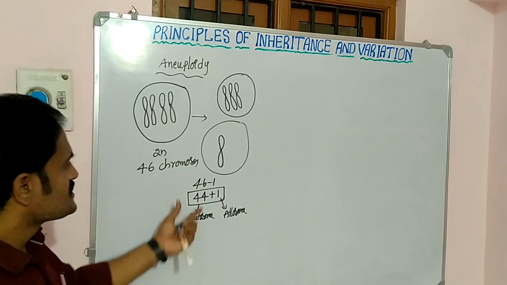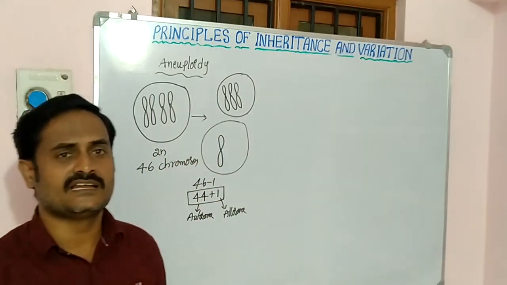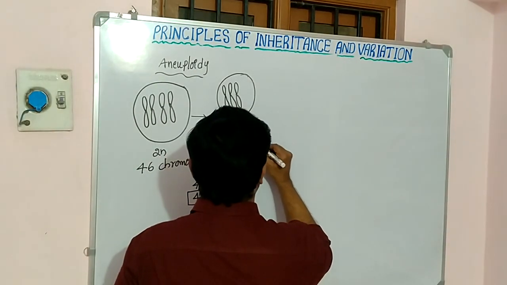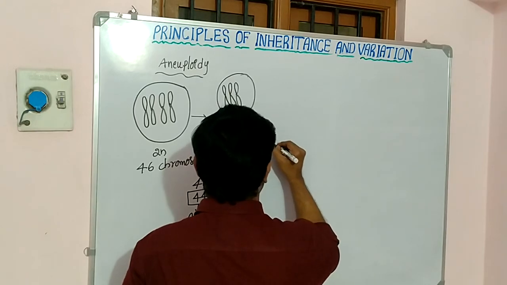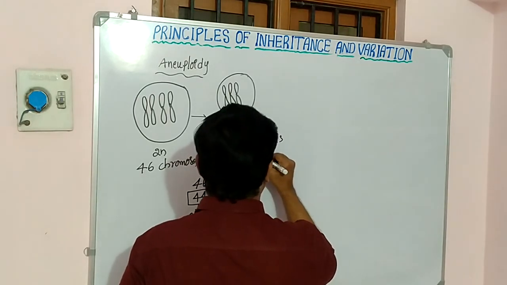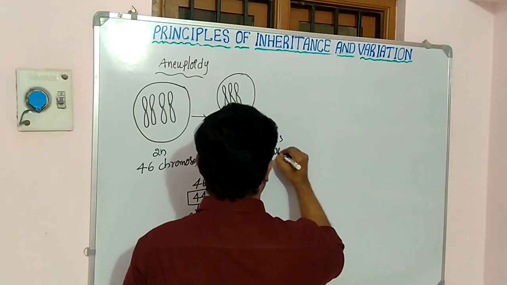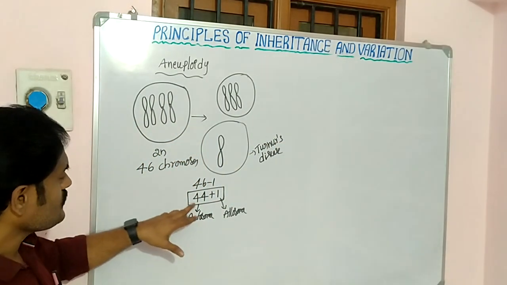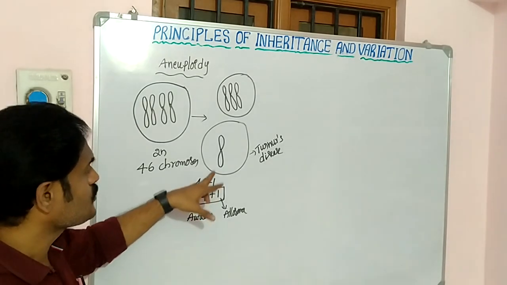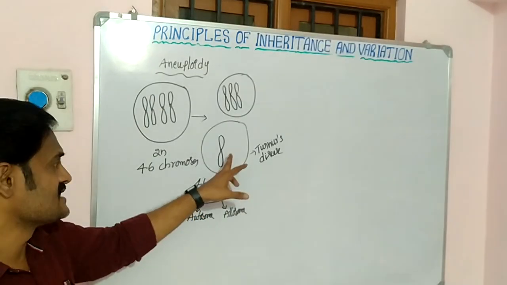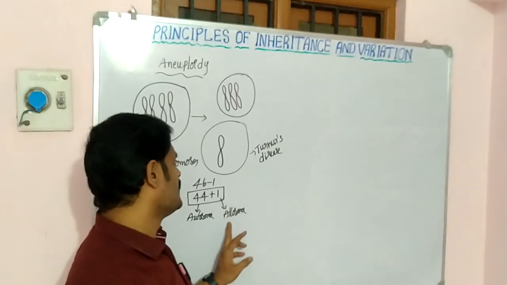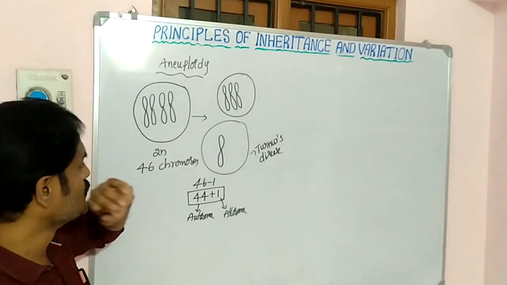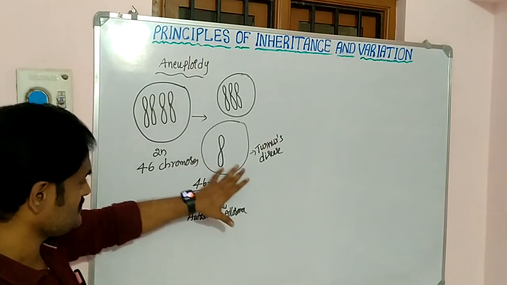This condition of the cell causes one disease that is called Turner's disease. Remember. So in aneuploidy, if there is a loss of one chromosome in the daughter cell, it leads to Turner's disease. So this is about aneuploidy, one type of arrangement.